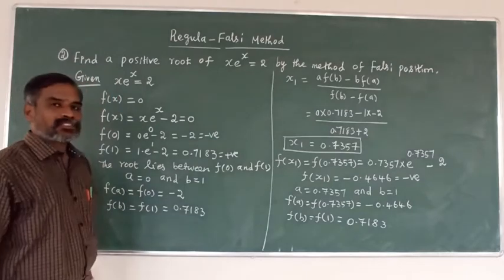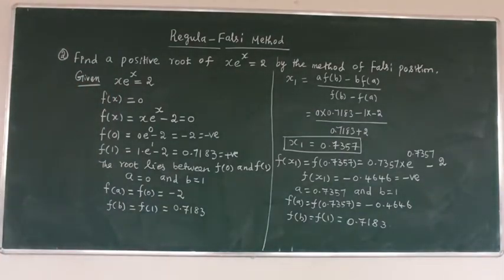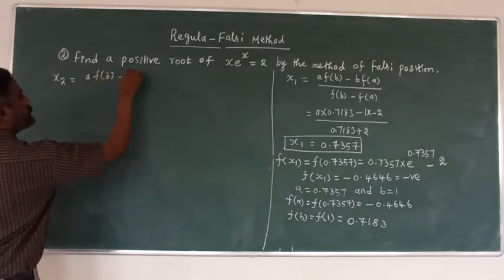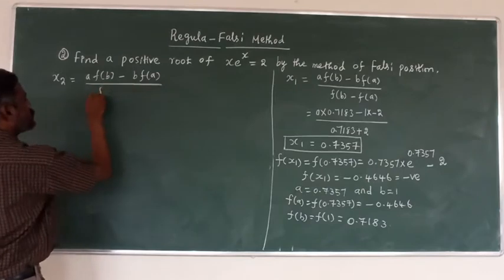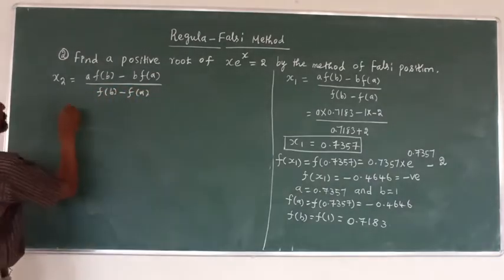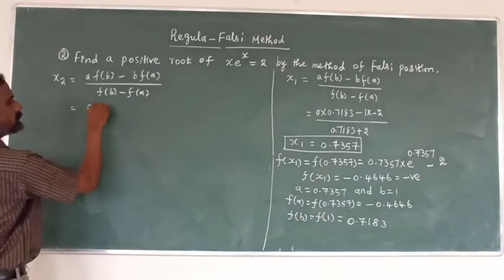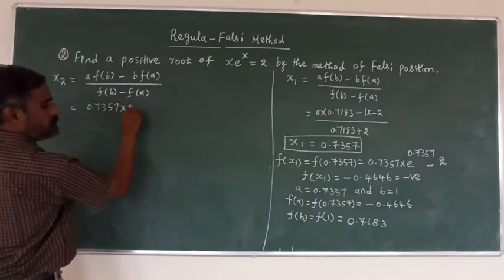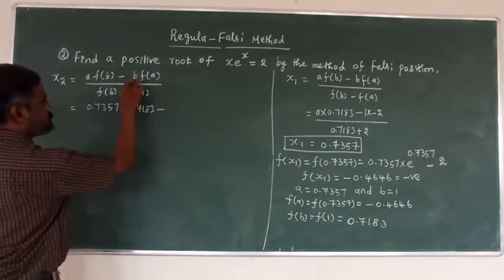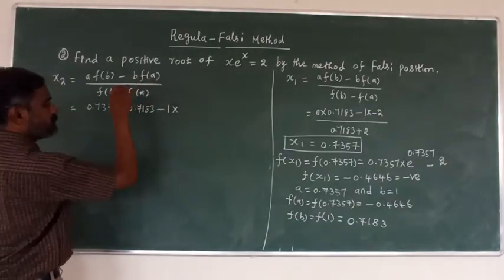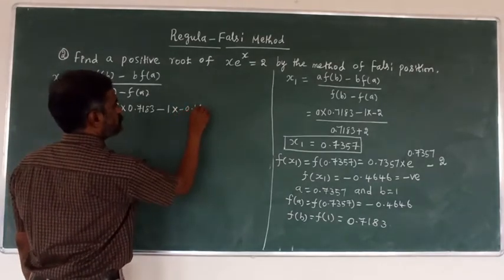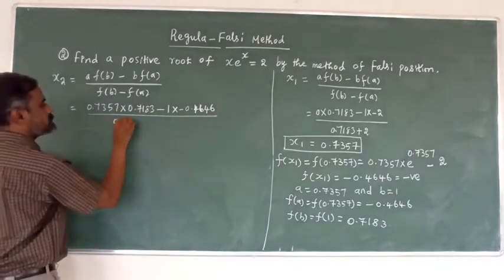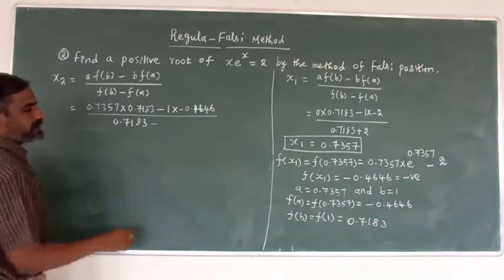That is x2. x2 = (a f(b) - b f(a)) / (f(b) - f(a)). The a value 0.7357 times f(b) value 0.7183, minus b value 1 times f(a) value -0.4646, divided by f(b) value 0.7183 minus f(a) value -0.4646.